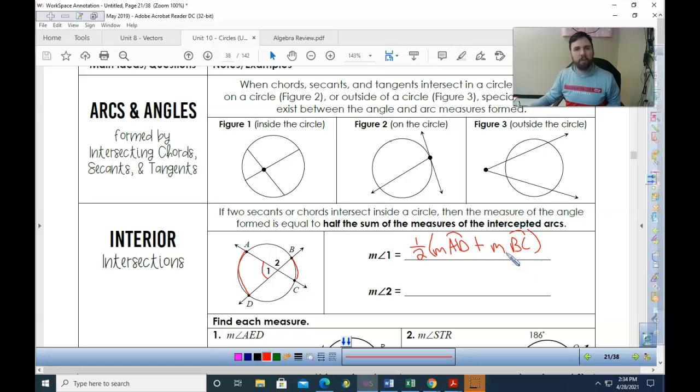You add them up, divide by 2. And angle 2 is the average of these two arcs, so it's 1/2 the measure of AB plus the measure of CD. Boom. It's not so bad, right?